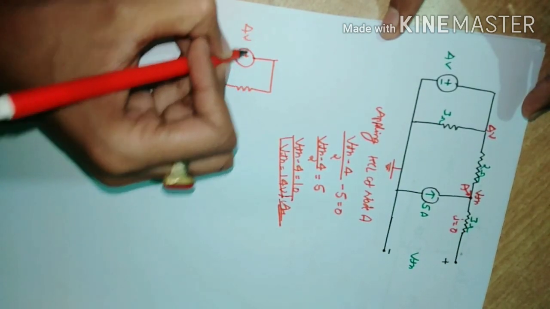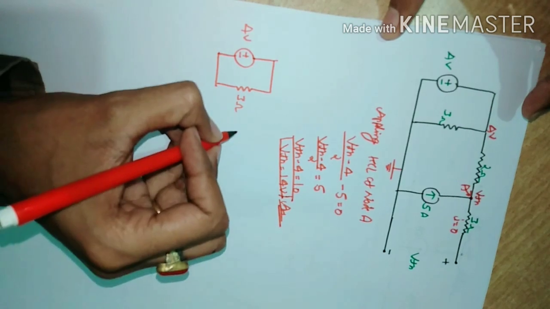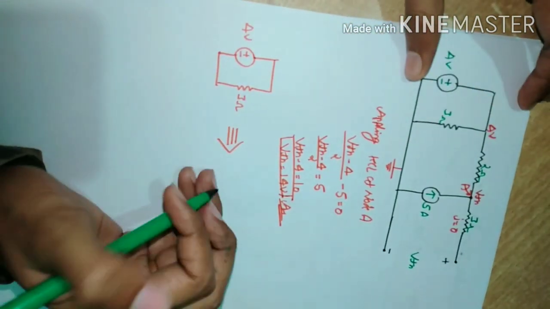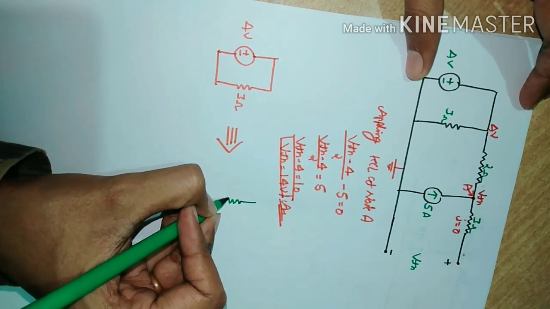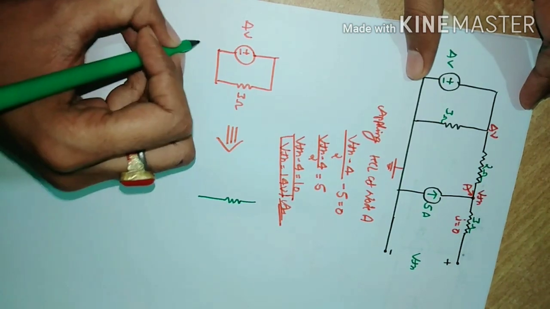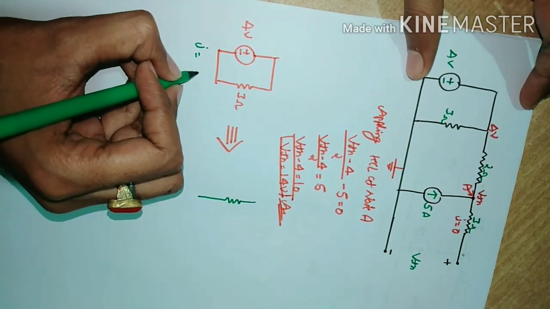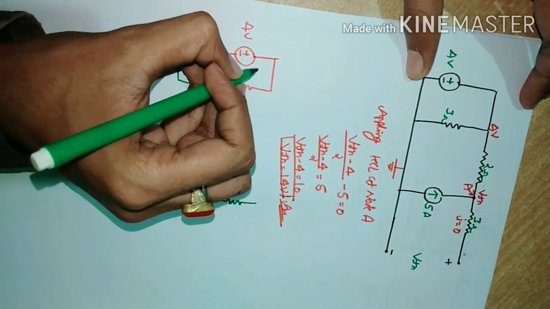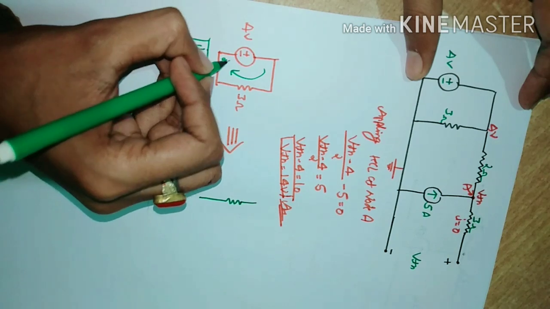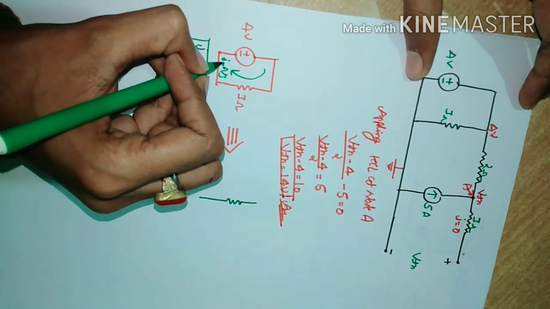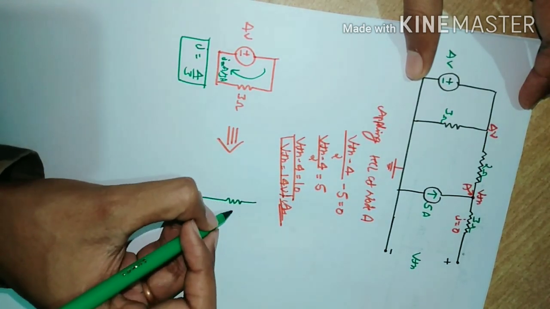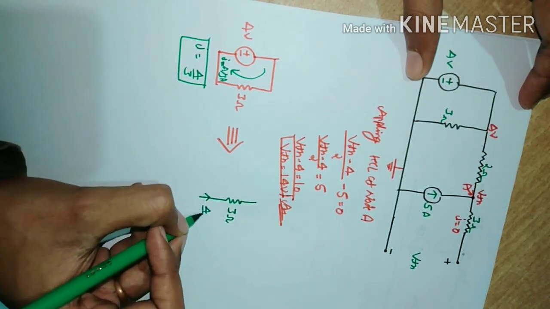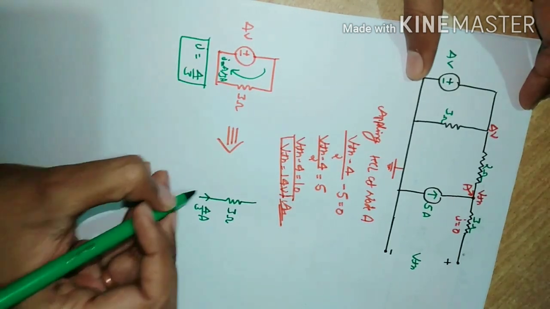Four volt, 3 ohm, convert into current source. 4 by 3 ampere current flows in this section. So 4 by 3 ampere current will flow through the 3 ohm resistor.